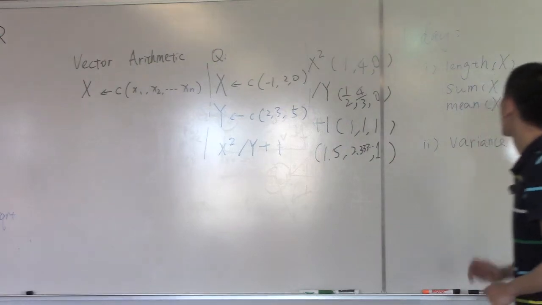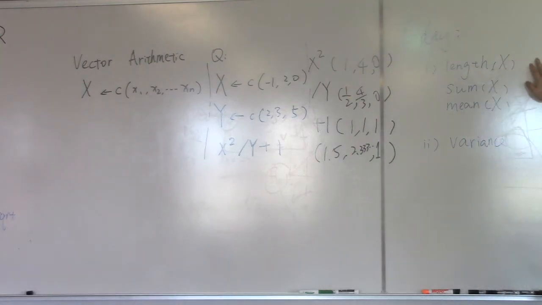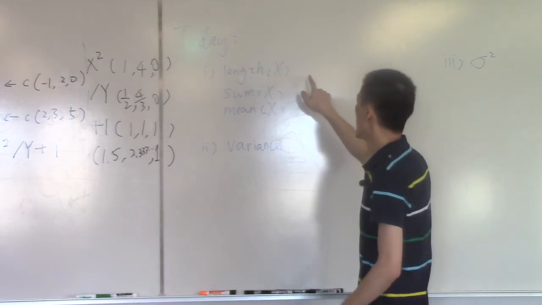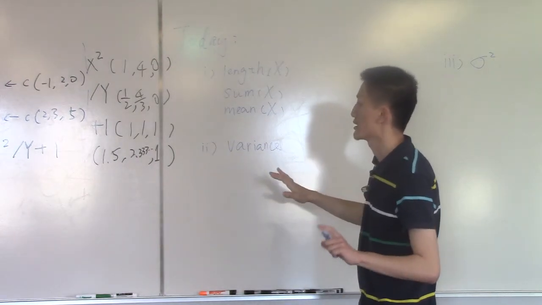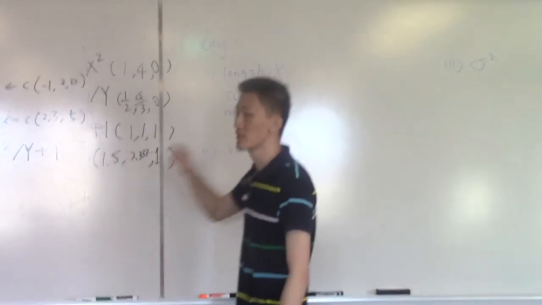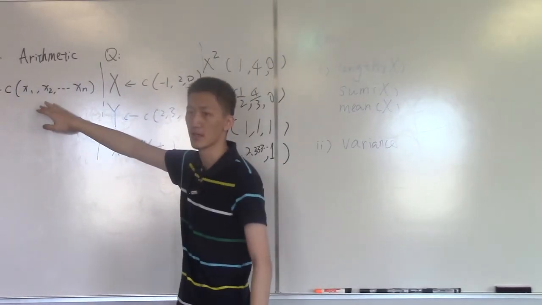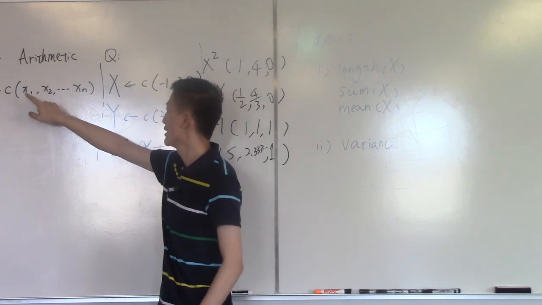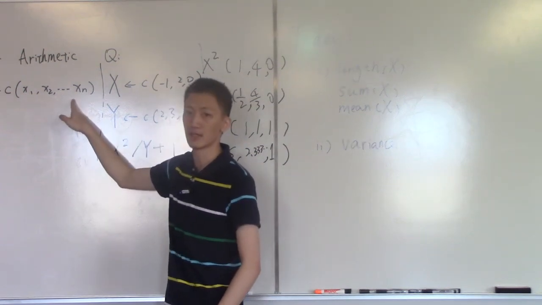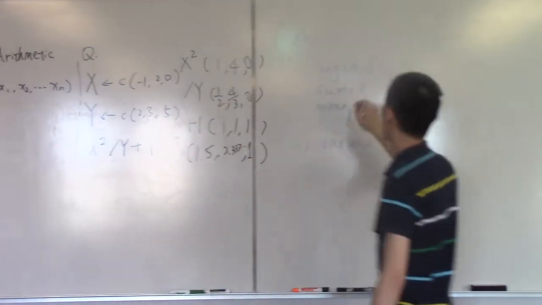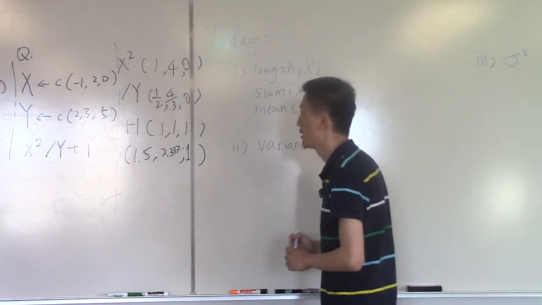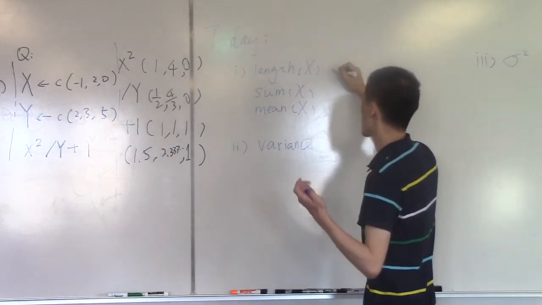So today we're going to learn the built-in functions in R. First of all, let me be clear. We're going to continue to use the definition of a vector here. So vector x, big X, denotes a vector which has n components. So the length of x just returns you the length of x.